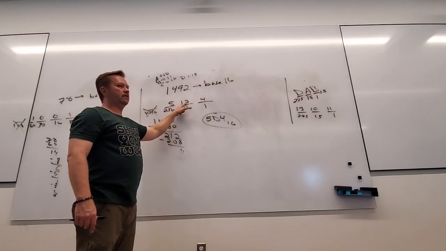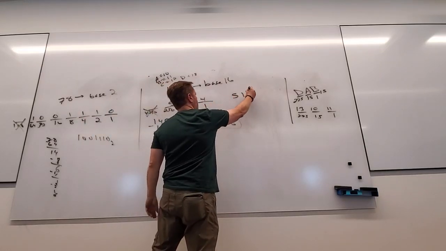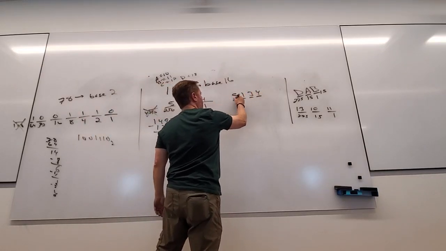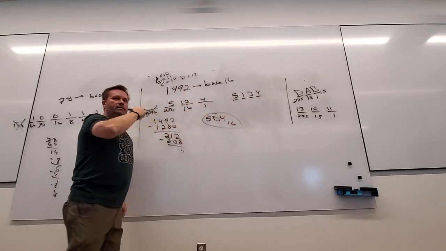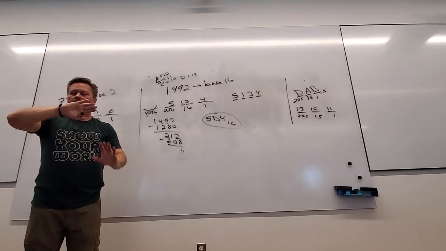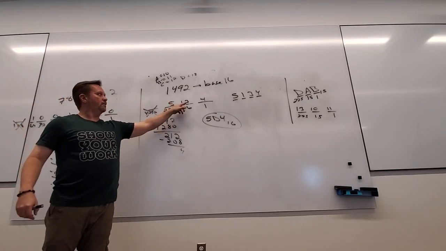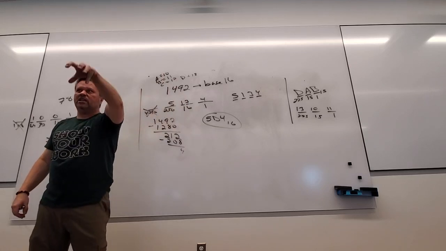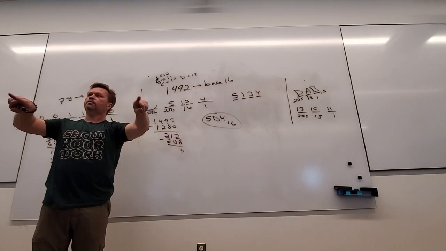If I did not have a single digit for 13 and I wrote this, do you see how that has 1, 2, 3, 4 places? I'm supposed to have 1, 2, 3. This explains it the best I possibly can. I need a single digit for 13 because I can have 13 things in one place. And if I write 1, 3, that looks like 2 places.